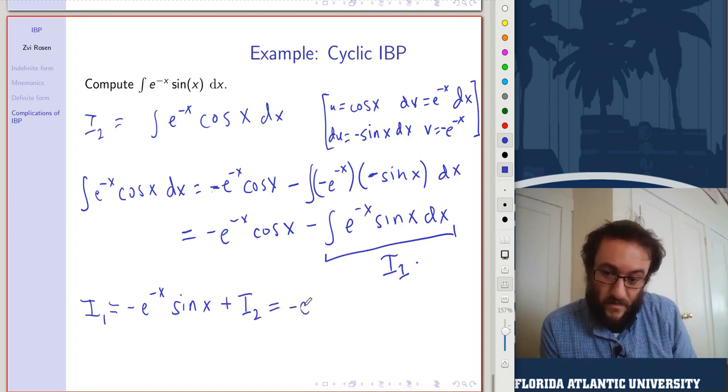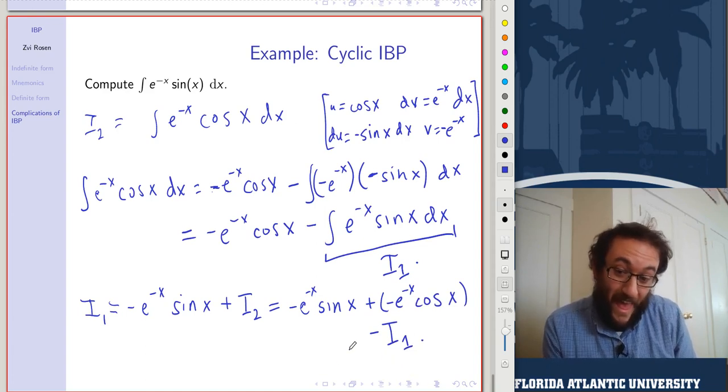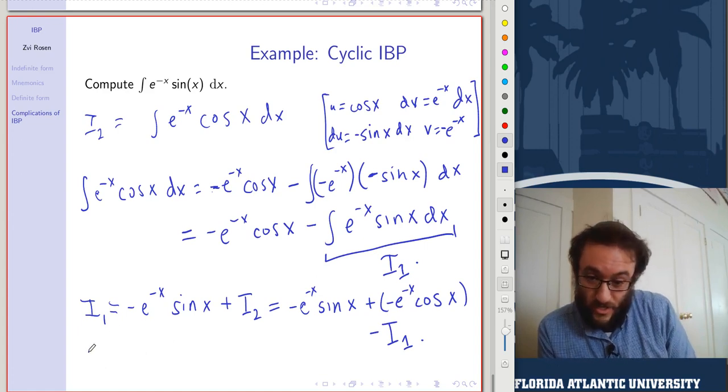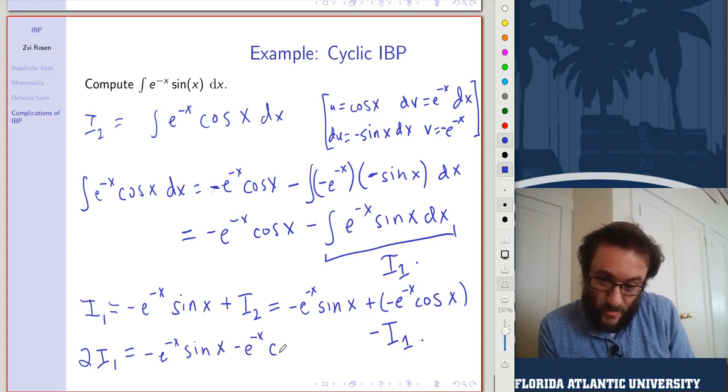This is minus e to the minus x sine x plus minus e to the minus x cosine x minus I1. Okay? So we can add I1 to both sides of this equation to get 2 times I1 equals minus e to the minus x sine x minus e to the minus x cosine x.